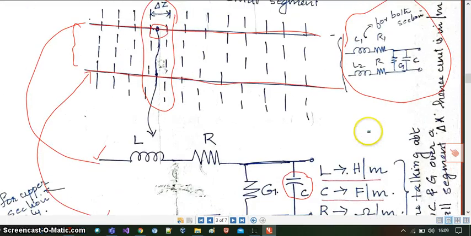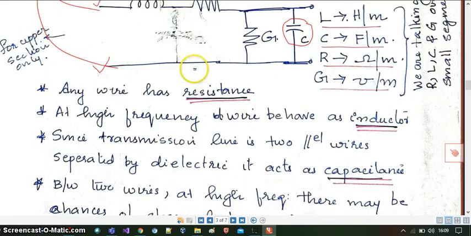Here we have drawn the equivalent circuit of the wire with respect to the small distance del Z. Clear? That is why meter is there in your unit.